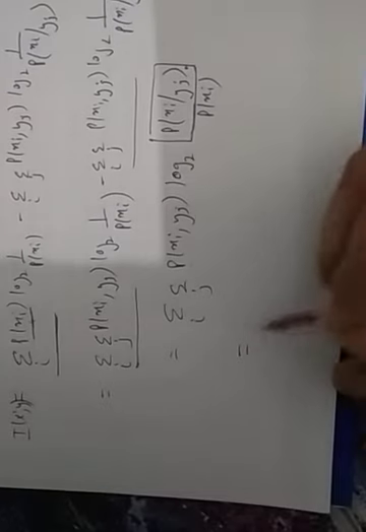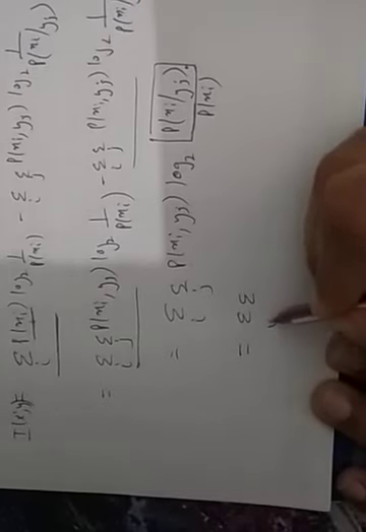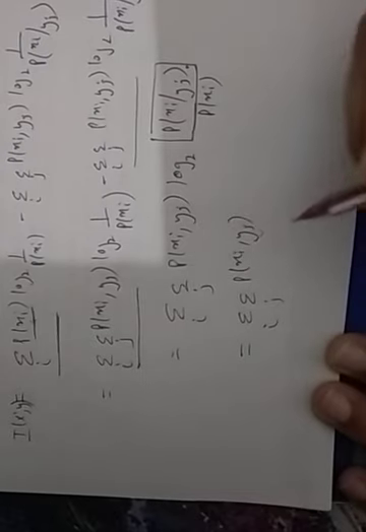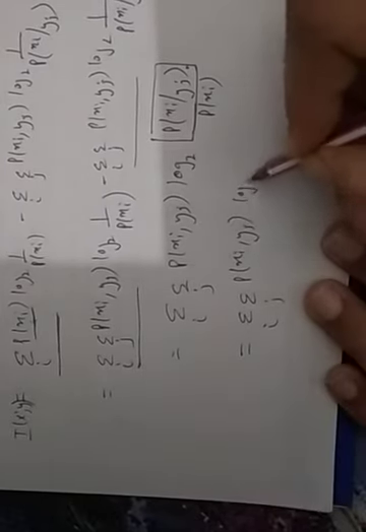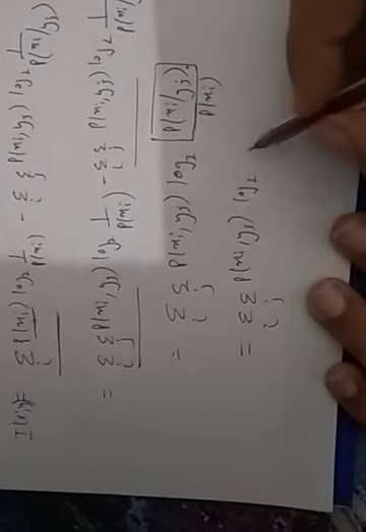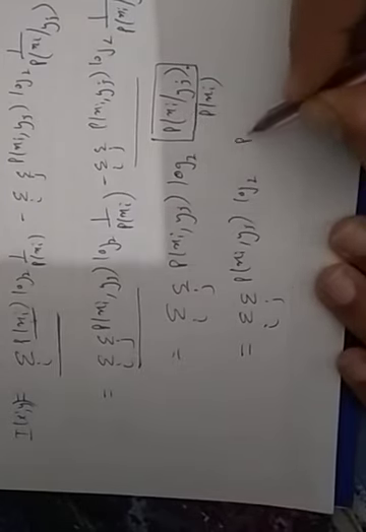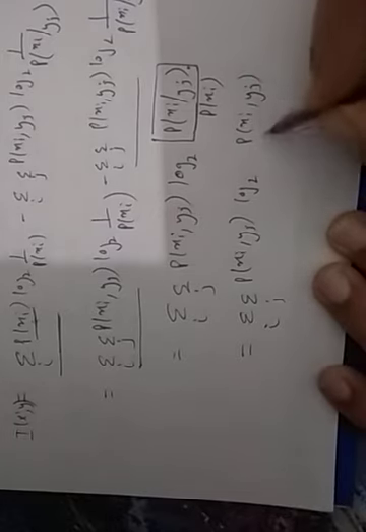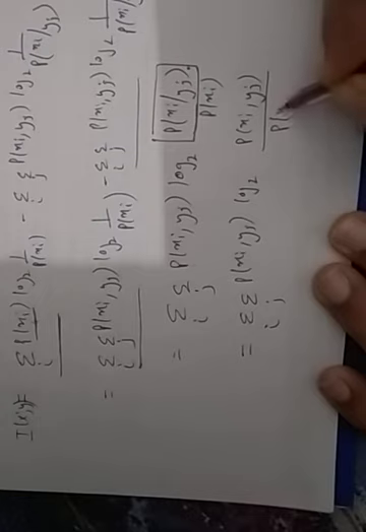So this is equal to summation over i, j of p(xi, yj) as it is, log base 2, and instead of p(xi/yj) we put its value, that was p(xi, yj) upon p(yj).